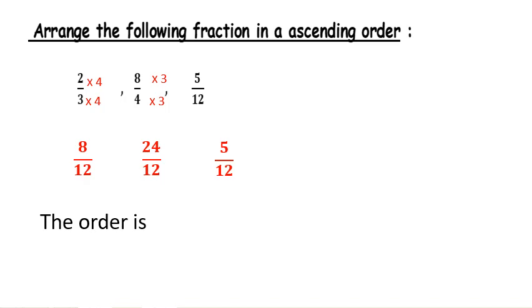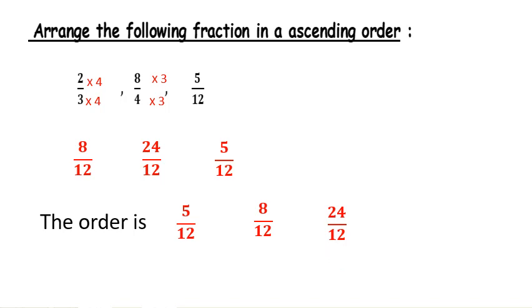Let's order in ascending order from the smallest to the greatest. Look at the numerator, which is the smallest one, which is 5 out of 12, and after that 8 out of 12, and the last one will be 24 out of 12. If you write it as is, it's okay.